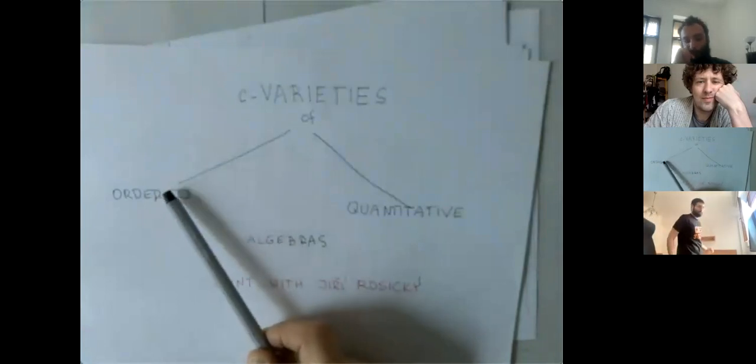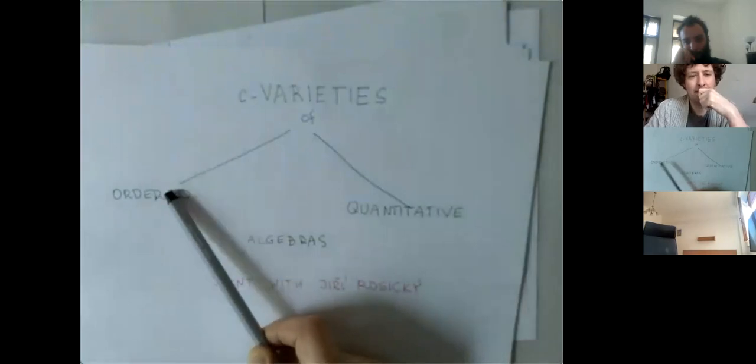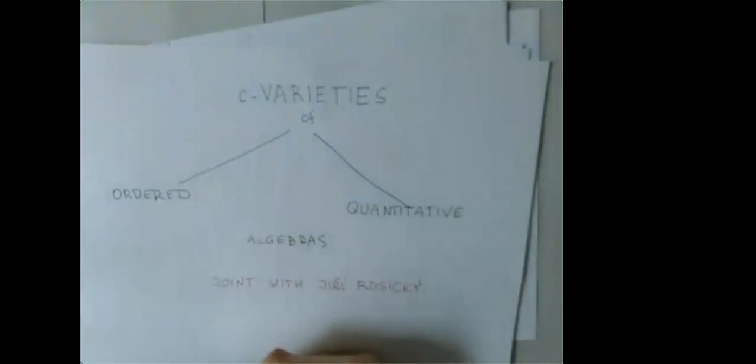And if we speak about classical varieties, so without any extra structure, then a variety is simply a class of algebras of a given signature, which is presented by some equations between terms. Now, in case of ordered algebras, the only difference is that you have inequations between terms.